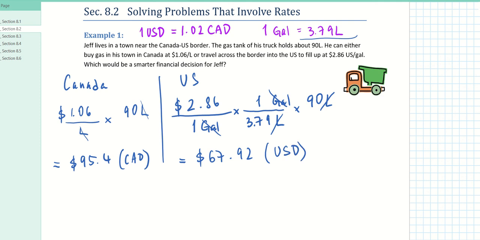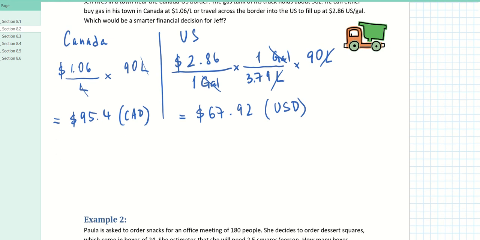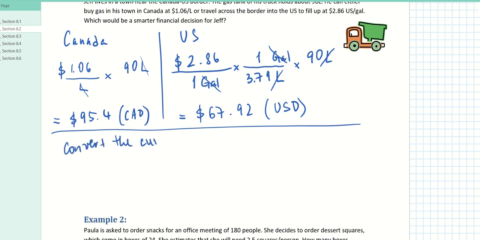So before we decide whether that's something that Jeff should do, let's convert USD to Canadian dollars. That's going to be our final step here: convert the currency from US dollars to Canadian dollars.